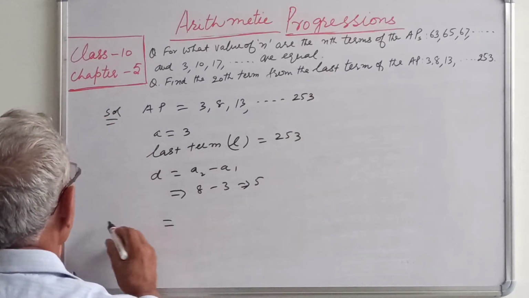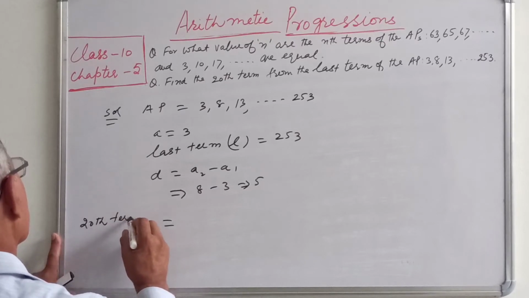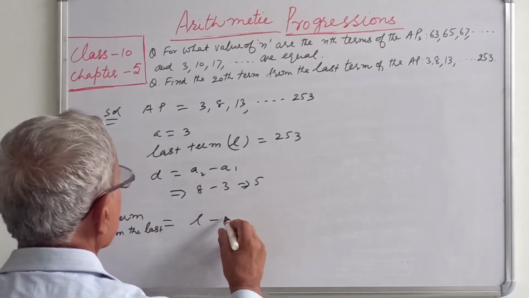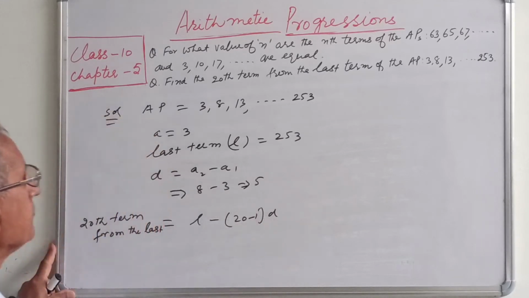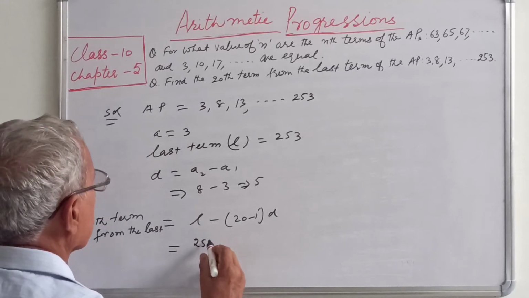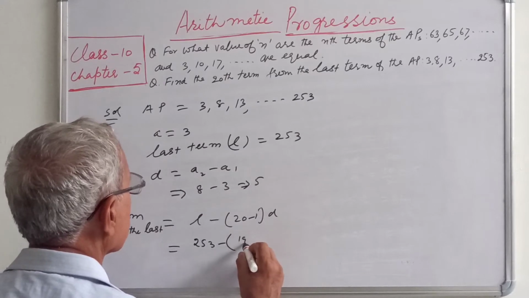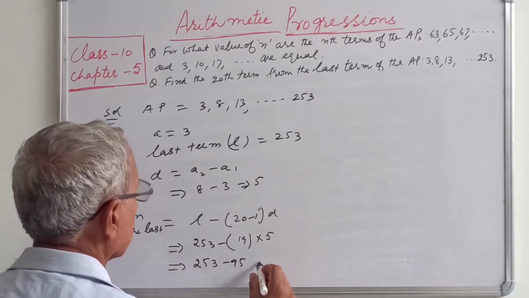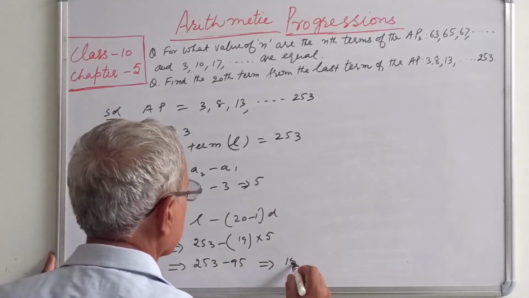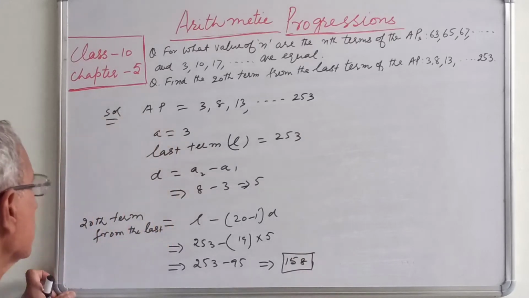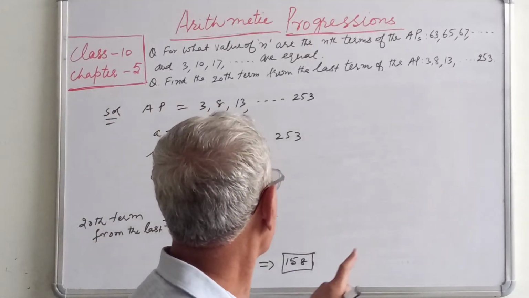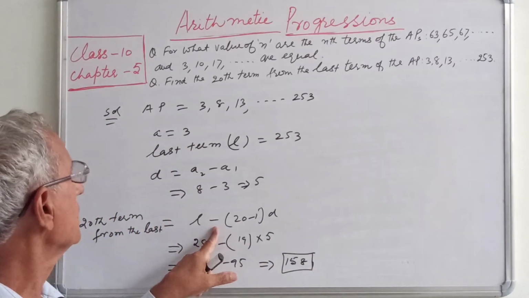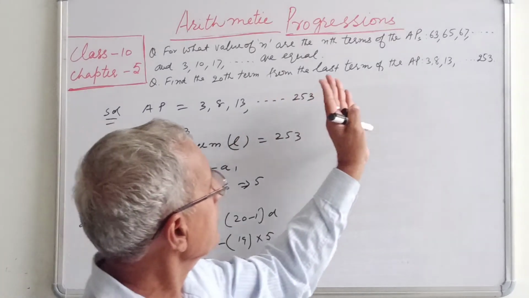That will be equal to L minus 20 minus 1 into D. So L is 253 minus 20 minus 1, that's 19, D is 5, 253 minus 95, so this comes to 158. So this is the answer to this question. The 20th term from the last for this AP will be 158. Now when we come from the back towards this side, we subtract. That is why I subtracted here. So from the last, we subtract. When we go to the right side, we add.